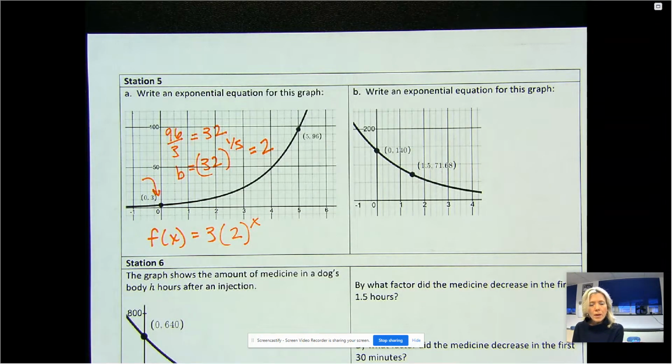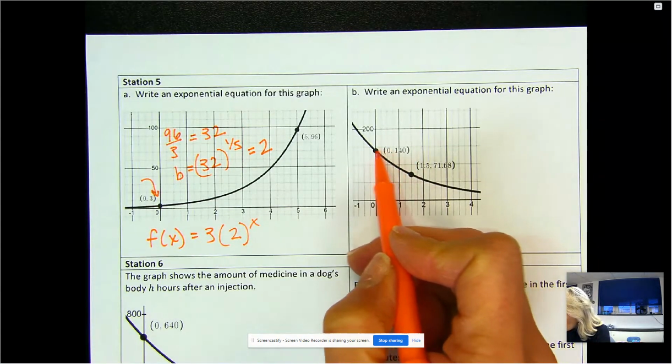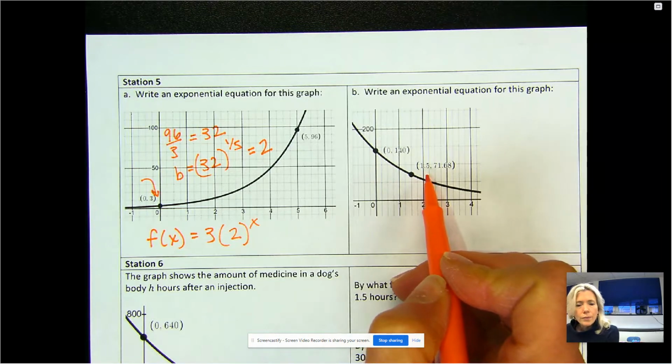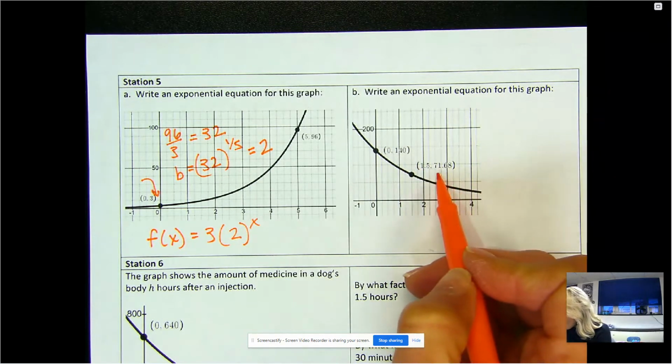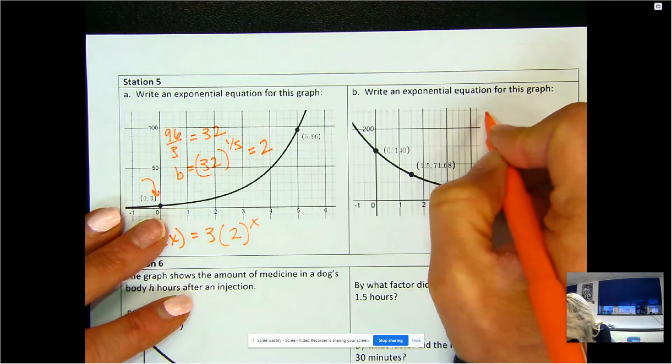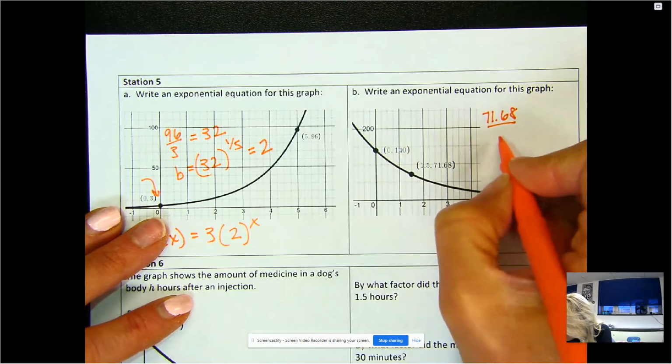All right. I'm going to use a similar method in part B. And I'm looking at going from a 0 for the x to a 1.5. Okay. So same strategy. I'm going to start by dividing 71.68 by the term before, 140.